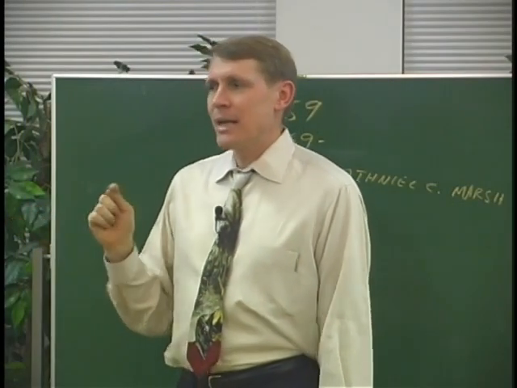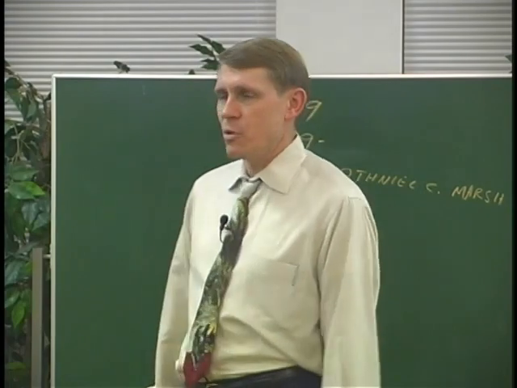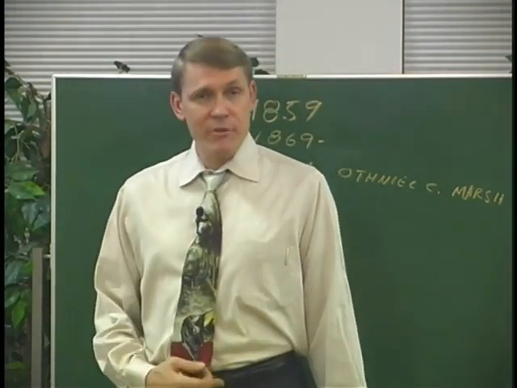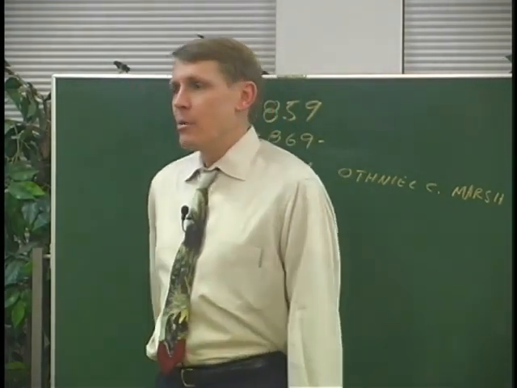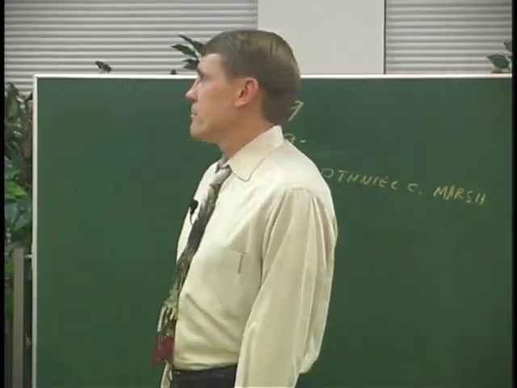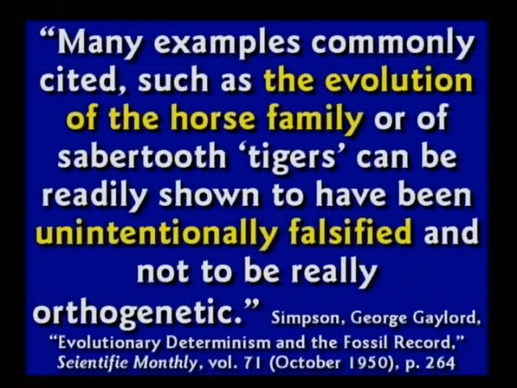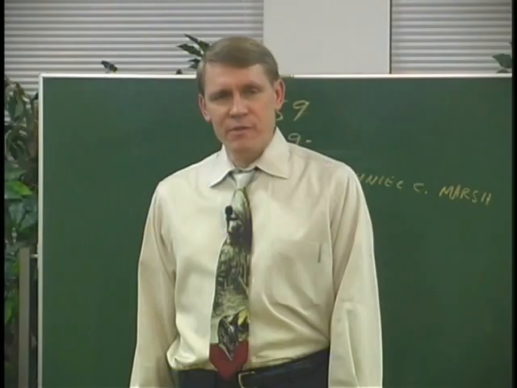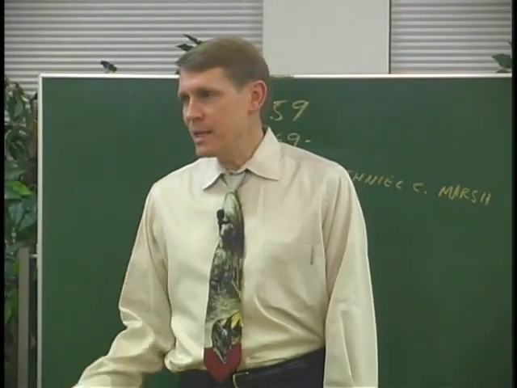All right? 1950, G.G. Simpson, George Gaylord Simpson, who was a strong believer and a proponent of evolution, he wrote an article in Scientific Monthly, 1950, October, that said many examples commonly cited, such as the evolution of the horse family or of saber-toothed tigers, can be readily shown to have been unintentionally falsified. In other words, it's not true. It was falsified. It's been proven to be incorrect.